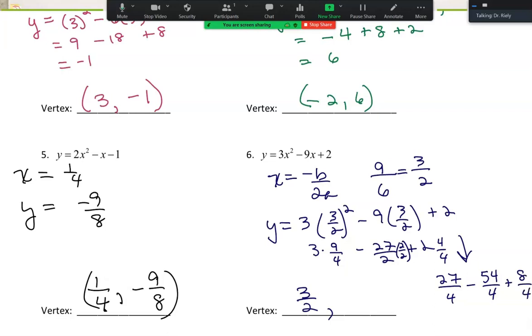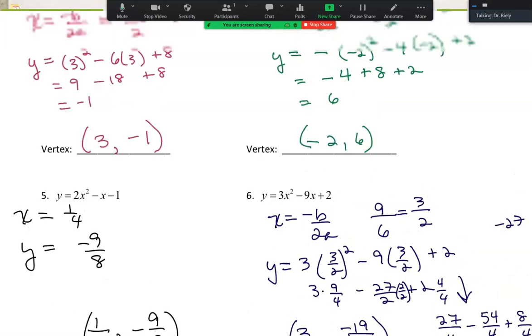So 27 minus 54 is negative 27. Was that true? Yeah, let me just look at this for 1 second. Hang on. Okay, so 27 minus 54 plus 8 gives me a negative 19, and they're over fourths, and I'm happy with that.